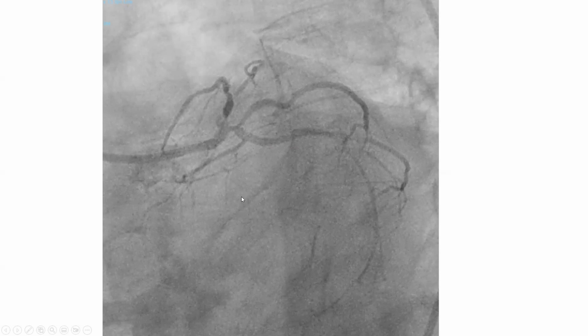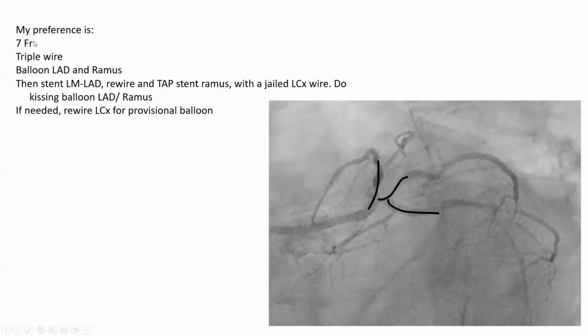The way I would approach this is the following. I would use a 7 French guide, I would triple wire, I would balloon the LAD and the ramus, then I would stent from the ostium of the left main to the LAD while jailing those wires. Then I would rewire and do tap stent of the ramus with a jailed left circumflex wire, the same wire you initially jailed during your left main LAD stenting.